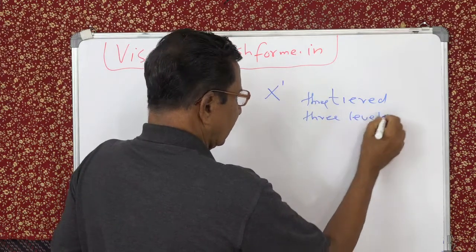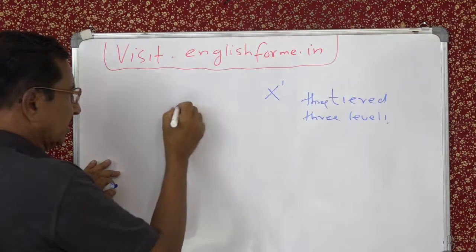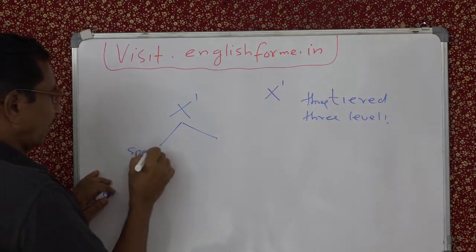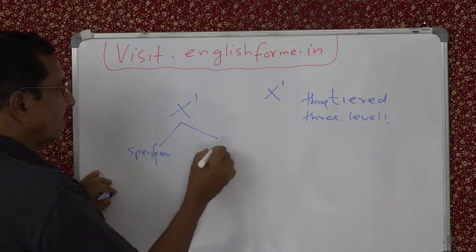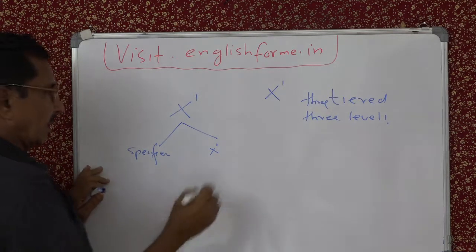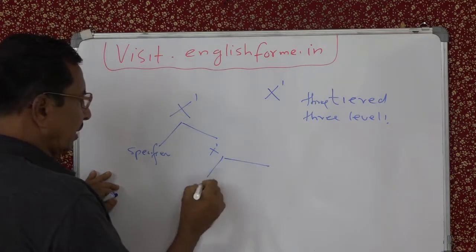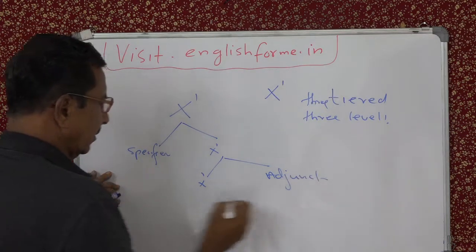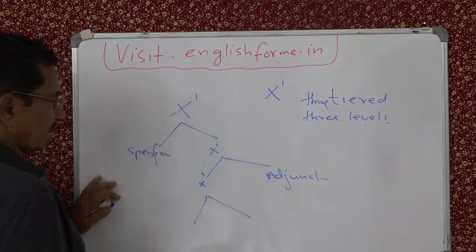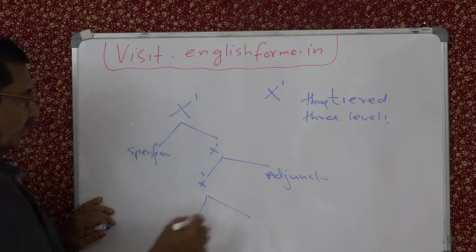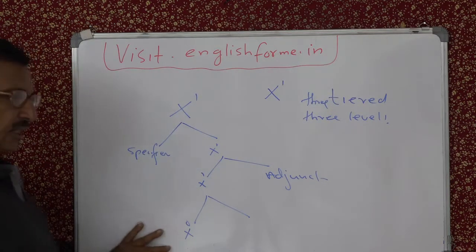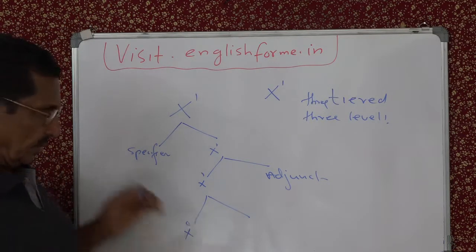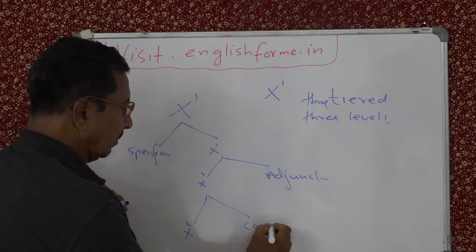Now what are these three levels? If you say Xbar, the next projection is the specifier, and then Xbar again, which has an adjunct, and the next projection is X0. That means you have to say what this X is, whether it is noun, verb, adjective, adverb, or preposition, and then you have the complement.